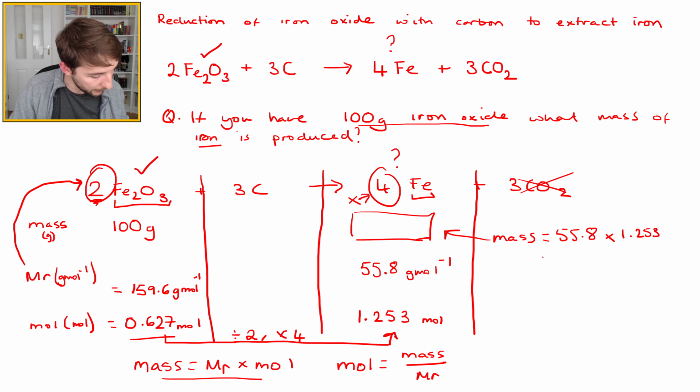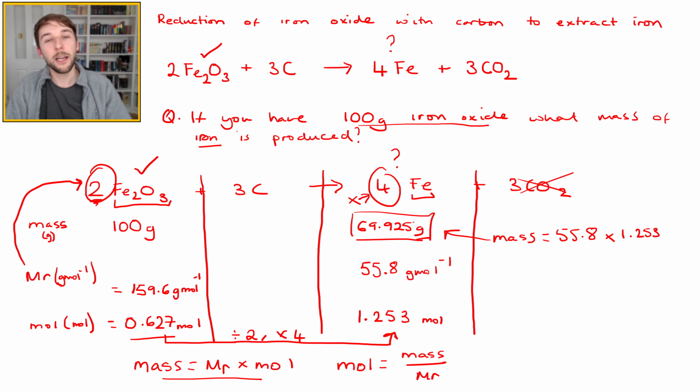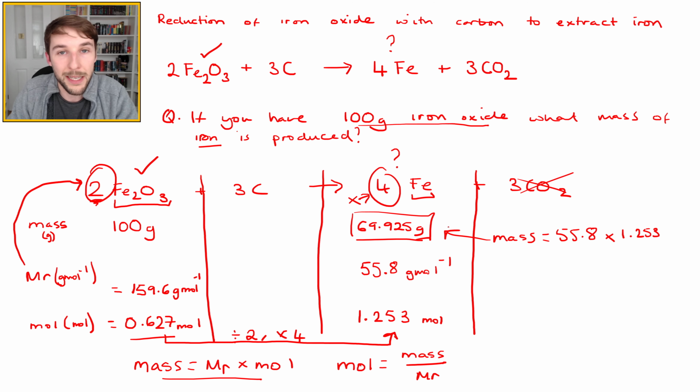I left the number in my calculator ready to use. So there we go. I've got an answer. And the answer is 69.925 grams. And there we go. We've calculated now the mass of iron that can be extracted from a given mass of iron oxide.